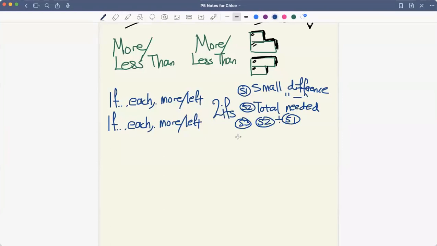Then solve with first if, check with second if.